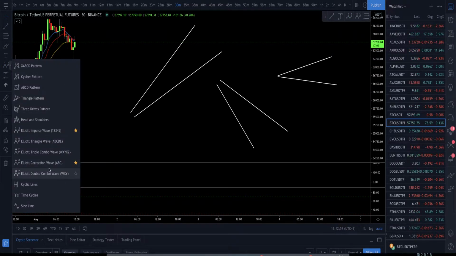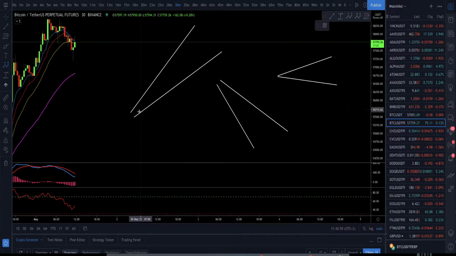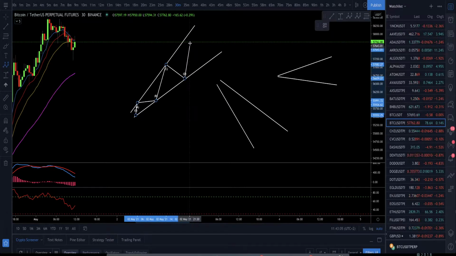So yeah, in this case we need only A, B, C, D, and E. So most likely the E will be here, or maybe here, right? Or it will be here, the halfway, right? Or it will be here like that, and that's the top, right?